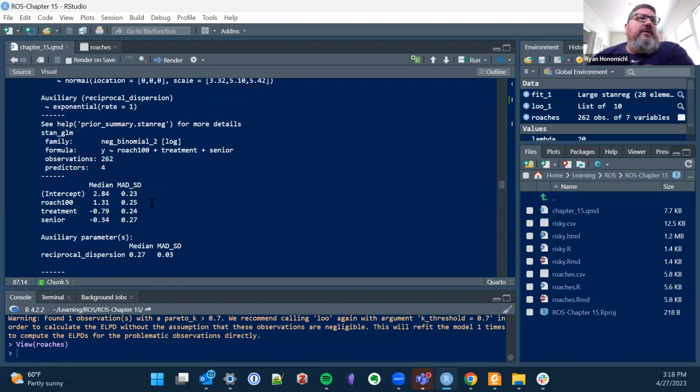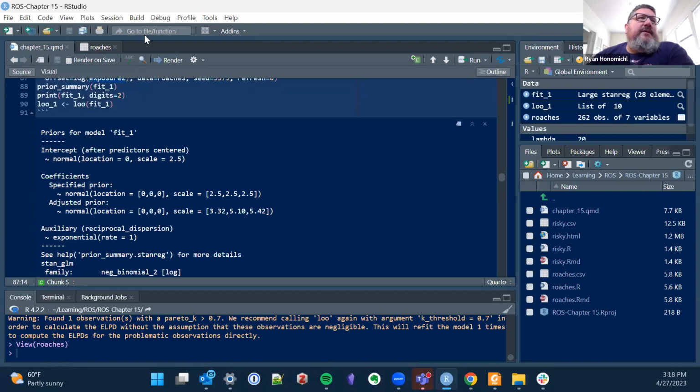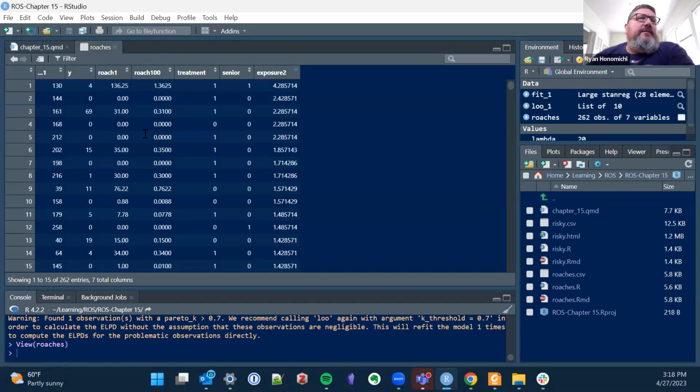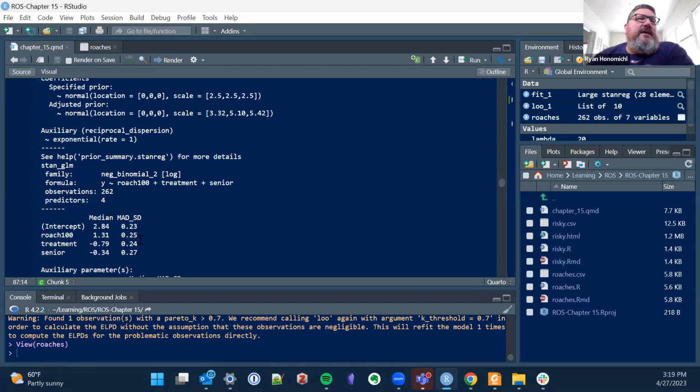So this is the number of roaches that were at each place, right? And then we have the treatments, and then we have whether or not it was at a senior living facility, so this is where the test took place.